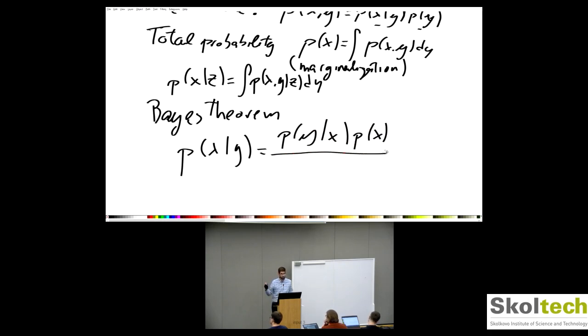Has anyone obtained the Bayes theorem from the product rule? Have you done this experiment at some point? Okay, awesome. No one else? Okay, yeah. So you can. But this is from more basic courses, I guess. And then here we can also write it this way.